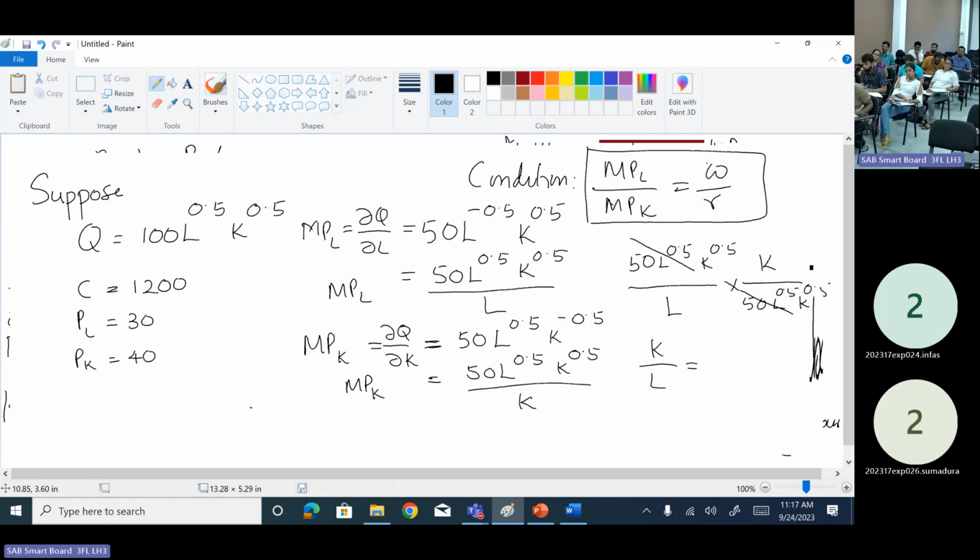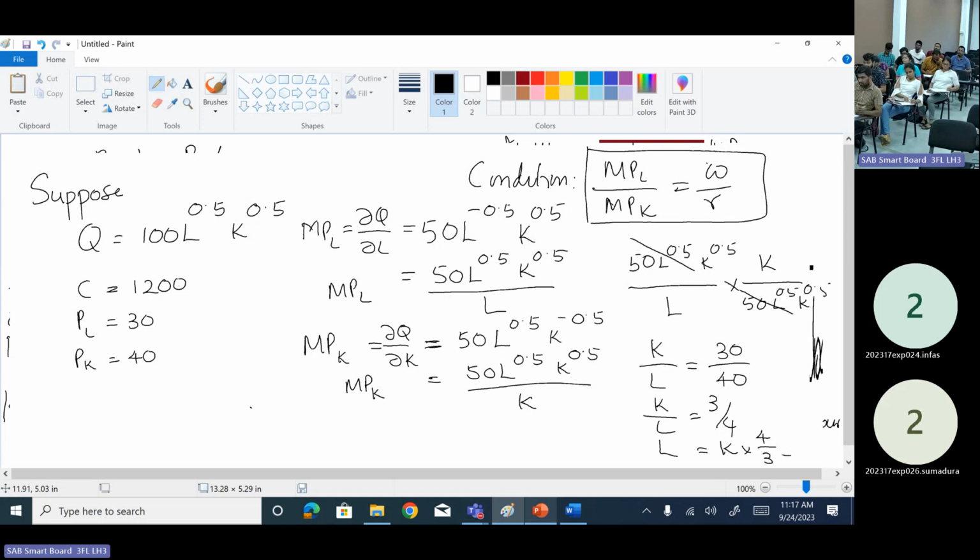How much is the wage rate? 30. 30 divided by 40. So K over L means K over L. We can take L, K into 1 divided by 3. Am I correct?